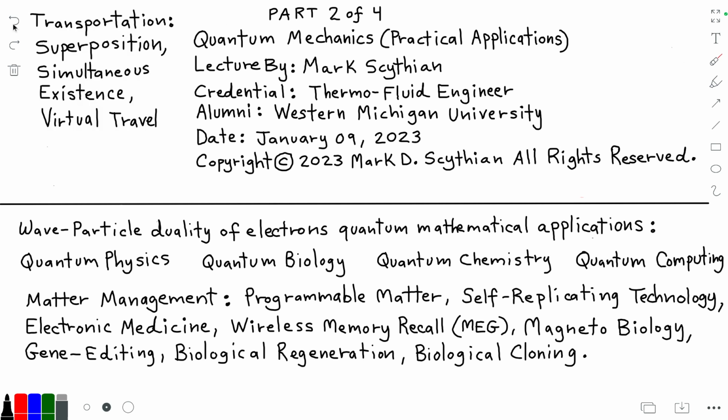Next, we have transportation. Of course, this concept application was covered in part one. We have superposition. We also could have simultaneous existence, at least the data cognition on multiple timelines. This is more pertinent to quantum computing. And then virtual travel, which would take the concept of the electrical signals in the brain are what is actually reaching a ground state to what we perceive as physical reality.